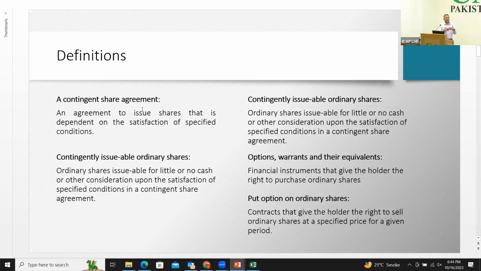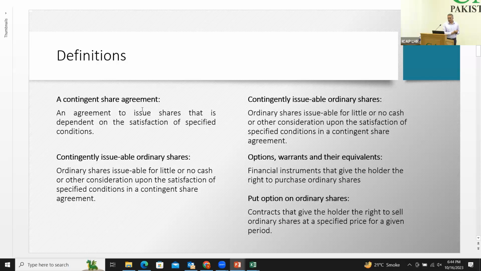After the contingency is satisfied, only then can it become part of the basic EPS or dilutive EPS, though in a different manner for each. But contingently issuable shares cannot become part of basic or dilutive unless the contingency is resolved.